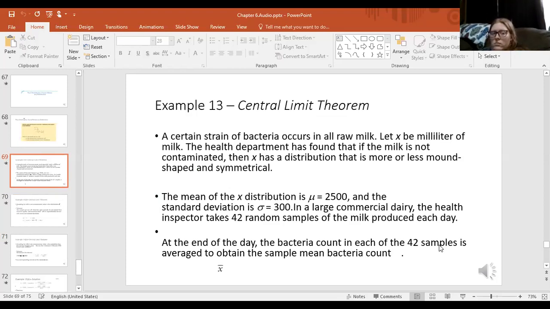The mean of the distribution is 2,500 and the standard deviation is 300. A large commercial dairy health inspector takes 42 random samples of the milk produced each day. At the end of the day, the bacteria count in each of the 42 samples is averaged to obtain the sample mean bacteria count.